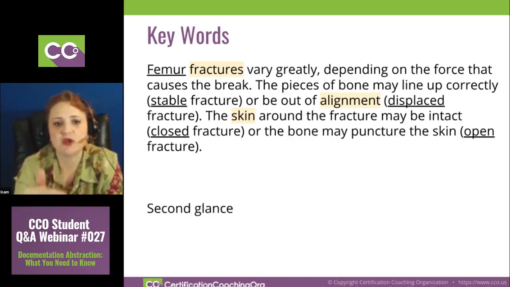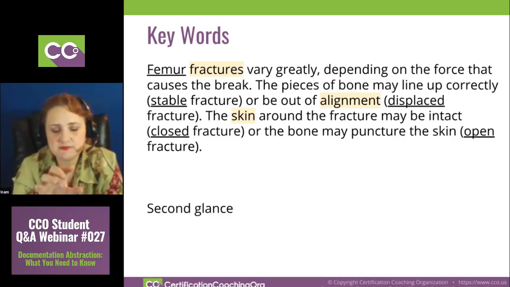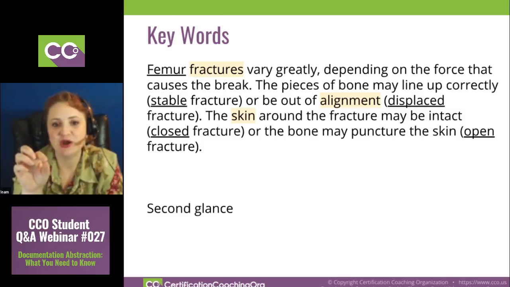First glance, I know I'm talking about fractures, and there's something to do with alignment. I may not even at first glance have needed to do alignment or skin, but it leapt out at me, so I highlighted it. And the more you know about what you're studying, why you're studying, why you're trying to pull this out, okay, some of this stuff's given.